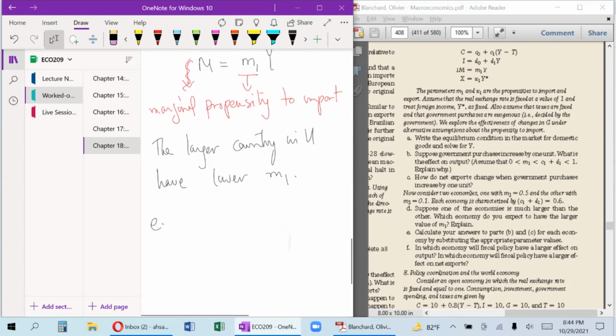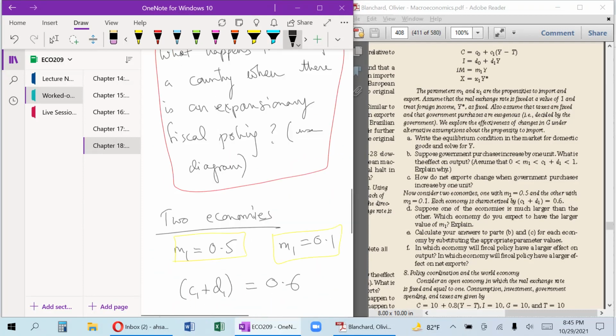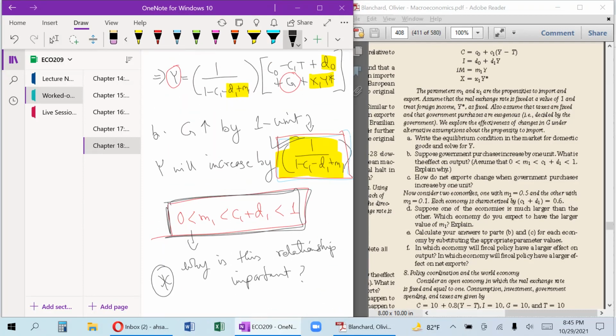So what we can say then is that the small country has the M1 of 0.5 and the large country has the M1 of 0.1. This is what we established in part D. Now let's take a look at part B again. This is what we had.